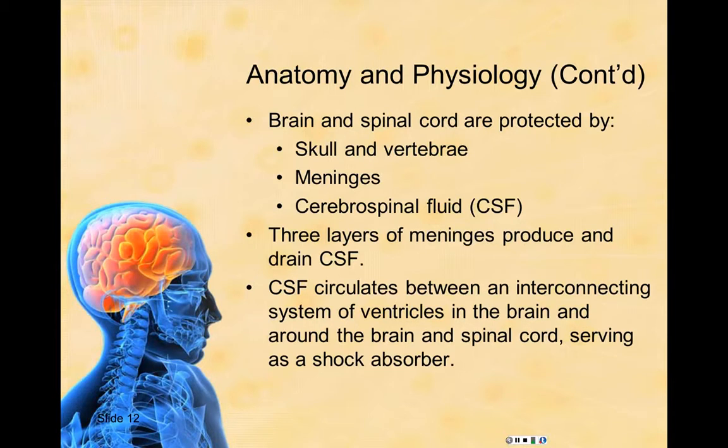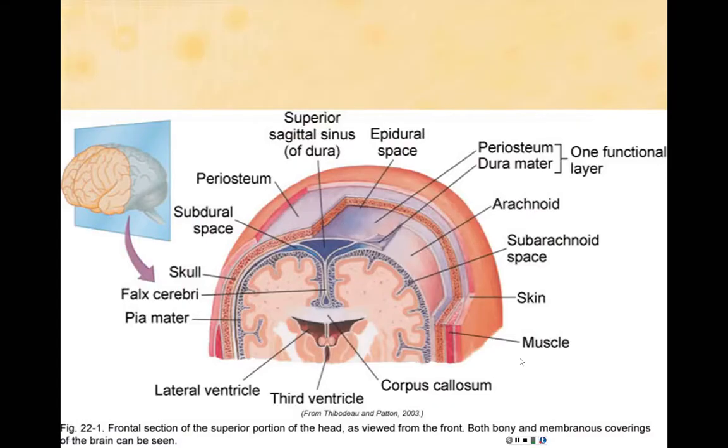There are 3 layers of the meninges that produce and drain the cerebrospinal fluid. This circulates between an interconnecting system of ventricles in the brain and around the brain and spinal cord, serving as a shock absorber. And here's basically just the anatomy of the brain and meninges and the ventricular system.